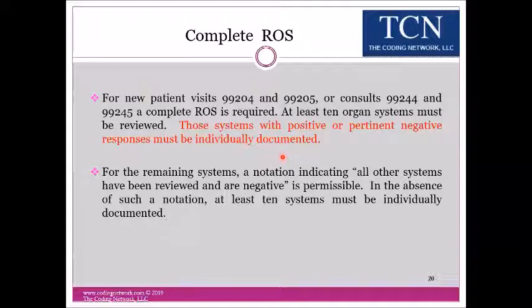Actually, the documentation guidelines state that once you've documented the pertinent positives or negatives, whether you have a separate entry for that in your note or it's within the HPI section, either or is okay. You can state all other systems have been reviewed and are negative. That is permissible if in fact you're really reviewing at least 10, but you're not going to individually document all the negative ones.